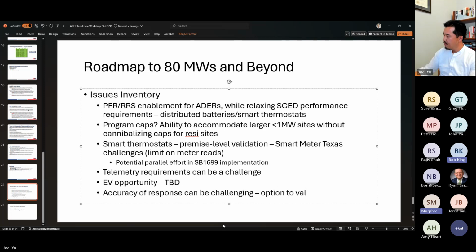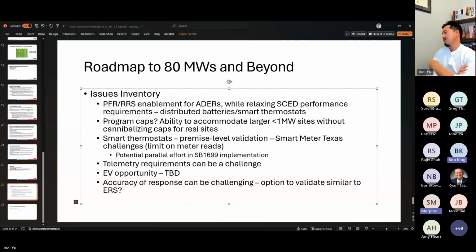But if we were flexible, as long as the response is in the right direction within a reasonable amount of time, reaches at least what was bid, and there are means for accounting to dock somebody that's short, you're going to have some aggregations light, some heavy, a lot of it will make up for each other, and we're still talking small numbers.